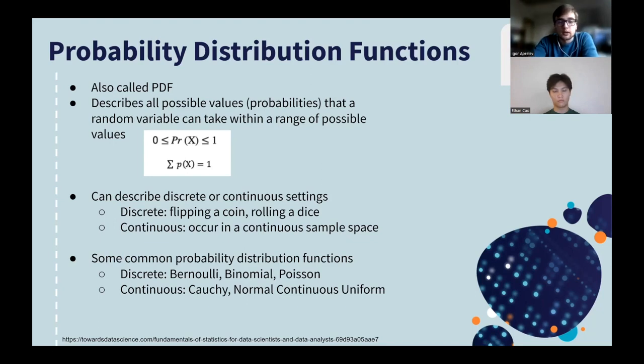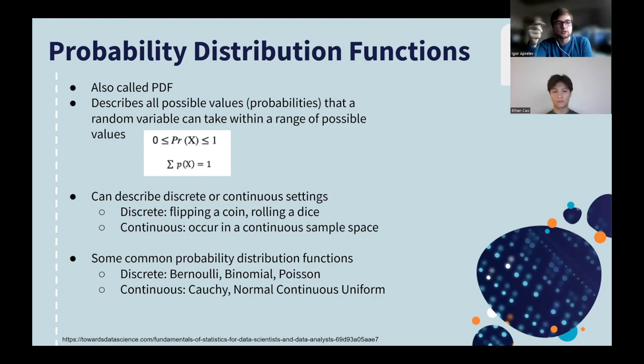Now, PDFs can describe either discrete or continuous settings. Discrete would be something like I mentioned, like flipping a coin or rolling a dice, where it's not continuous. You have specific probabilities at specific values. The PDF will actually give you a concrete value for a certain outcome.